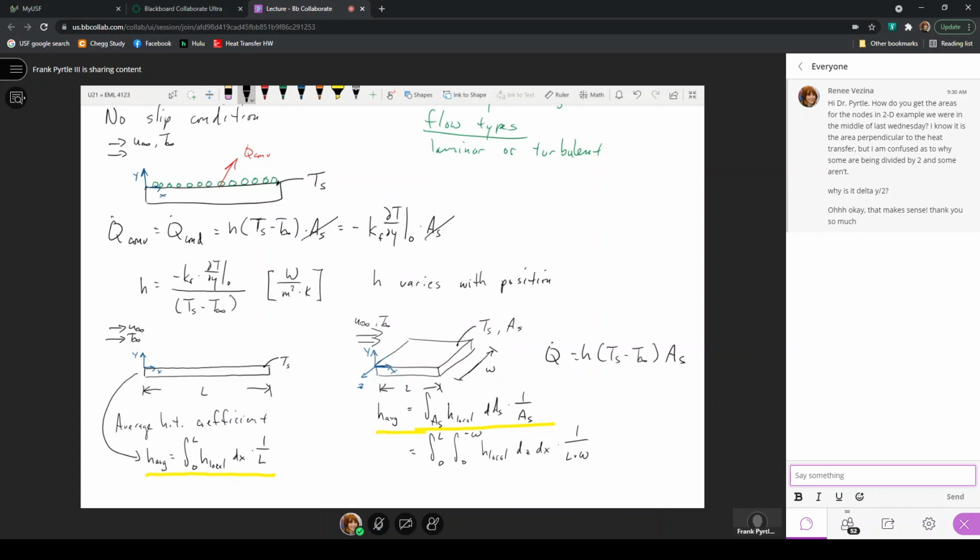In this case, where the local heat transfer coefficient would only be a function of X, we would substitute in that expression and integrate it so that we can then divide by the length over which we integrate it, and that will give us the average heat transfer coefficient.